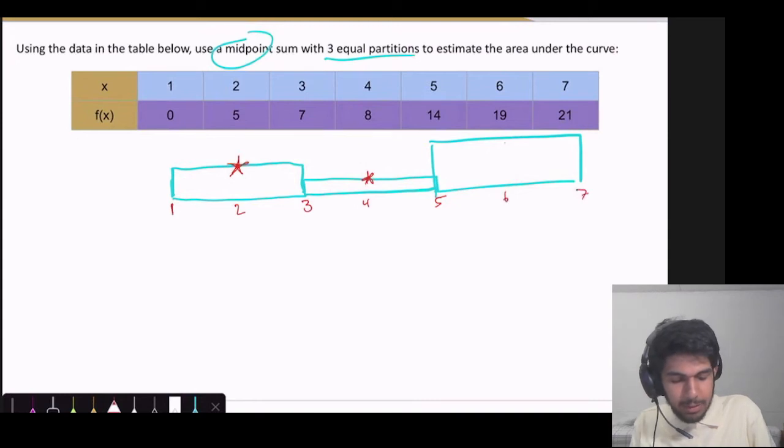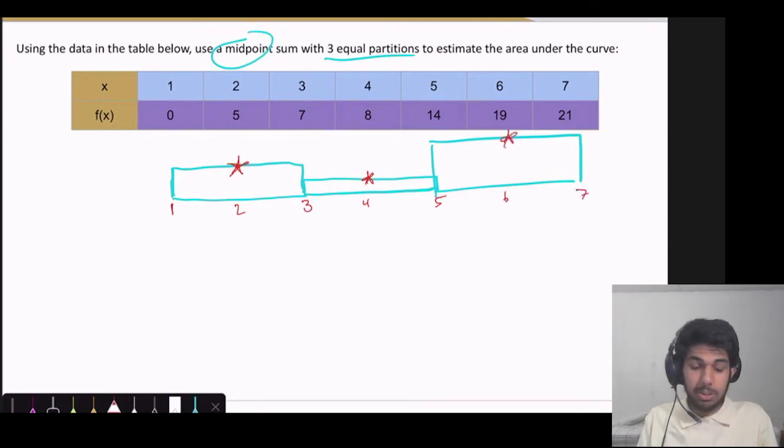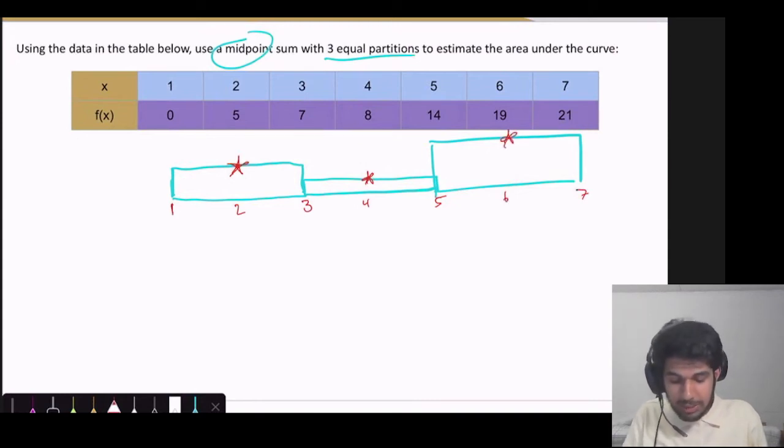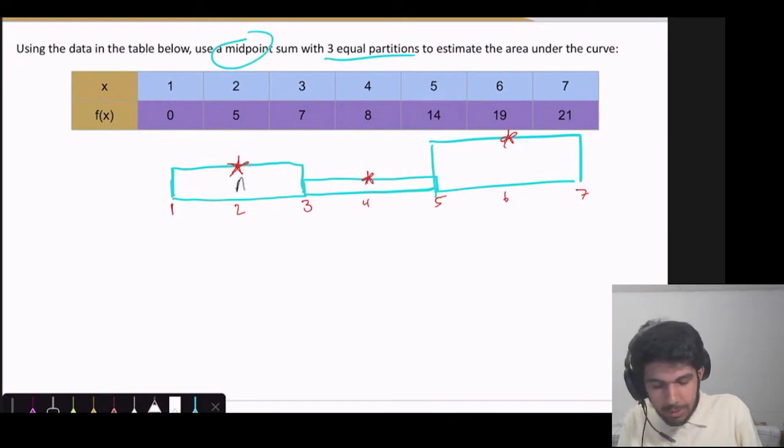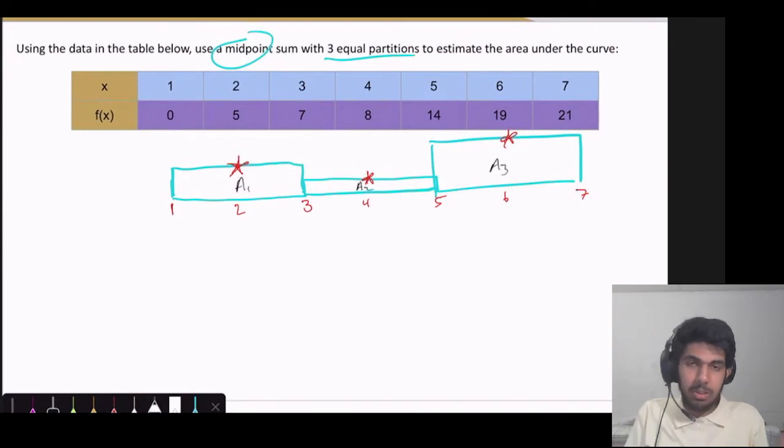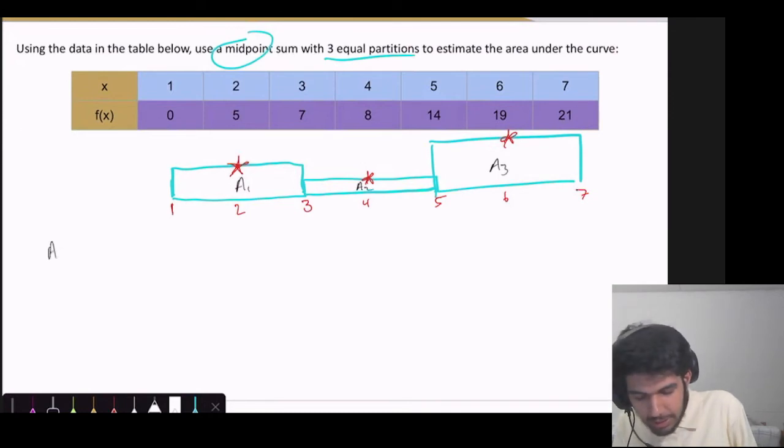And for 5 to 7, that touches the function. So we can see this is going to be A1, A2, A3. These are just random rectangles I drew, not to scale whatsoever. But generally, we can see that area is equal to A1 plus A2 plus A3.